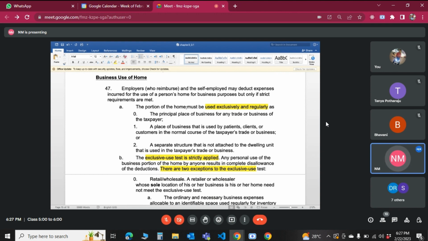And what IRS says is that portion of the home must be a principal place of business. You cannot say, okay, right now I want to sit in the living room, then I'll sit at the dining table, then in the kitchen, then somewhere else. No, there has to be a designated place: this is going to be my office room, this is my desk.